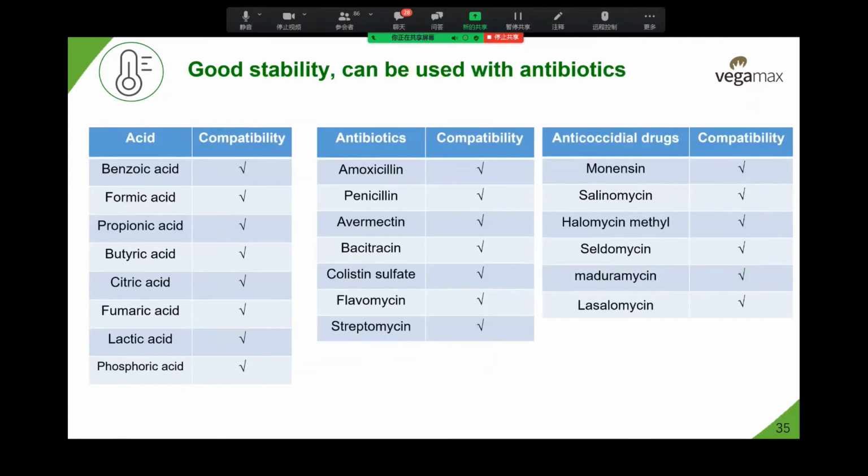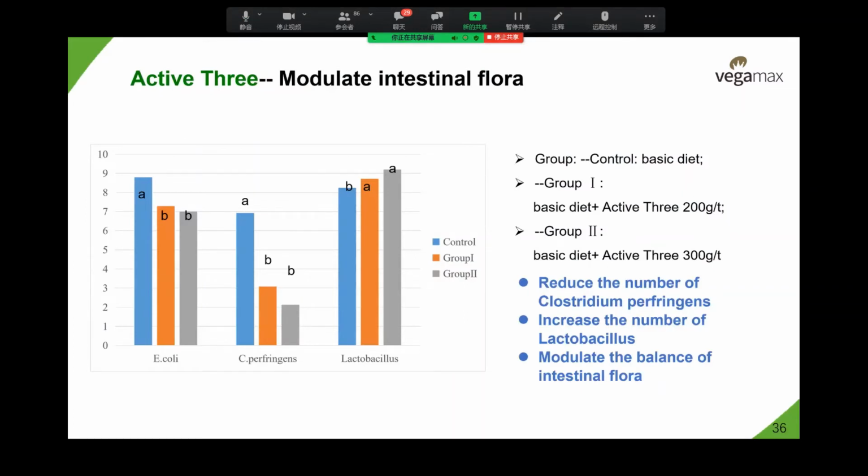And also Oct.25 has very wide compatibility with different acids and many antibiotics and anticoccidial products like formic acid, citric acid, penicillin, amoxicillin, bacitracin, monensin, salinomycin, etc. Oct.25 also has the function to balance the flora in the intestine. For example, it can inhibit Clostridium perfringens and promote lactobacillus growth.